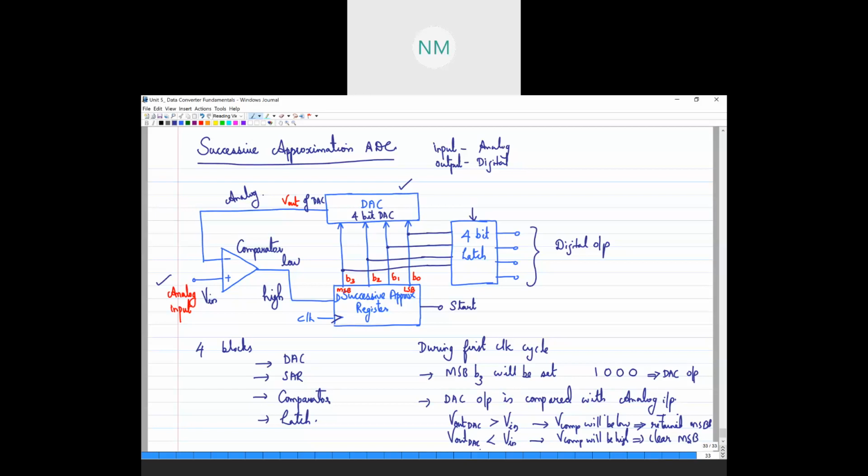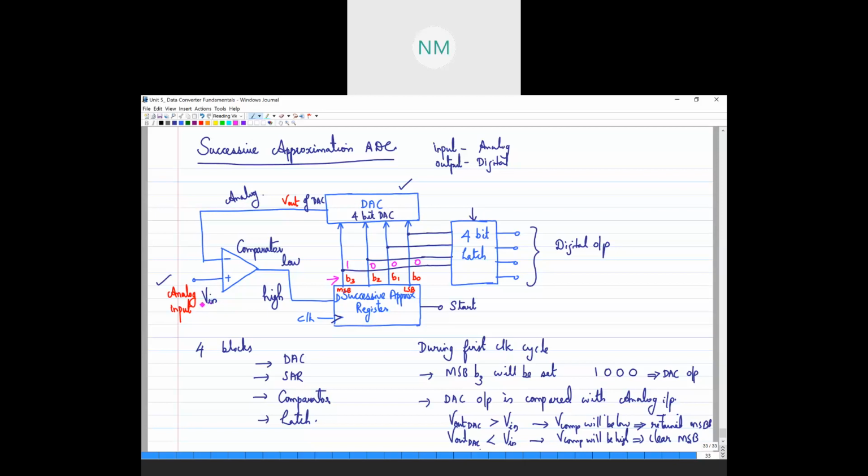So during the first clock cycle, it starts with setting the MSB. So now the data is 1000. This data will go to the DAC. DAC will produce a corresponding output for this digital data 1000. Now the output of DAC is compared in the comparator, because the other side of the comparator has the analog input Vin. When these two are compared, the output of the comparator can go either high or low depending on which input is higher.